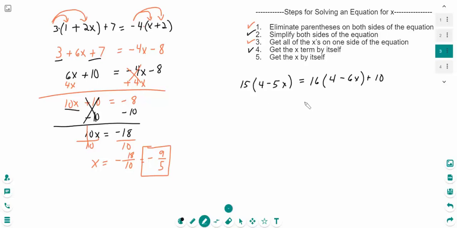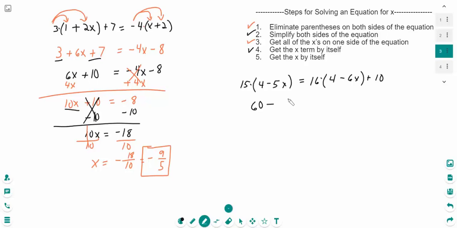All right, so this one again, it's just multiplication again. Nothing has really changed here. So 15 times 4. Well, might have to do that off to the side. Otherwise, if you recognize that 15 times 2 is 30, well then by 4 it's going to be 60. 60 minus 15 times 5.